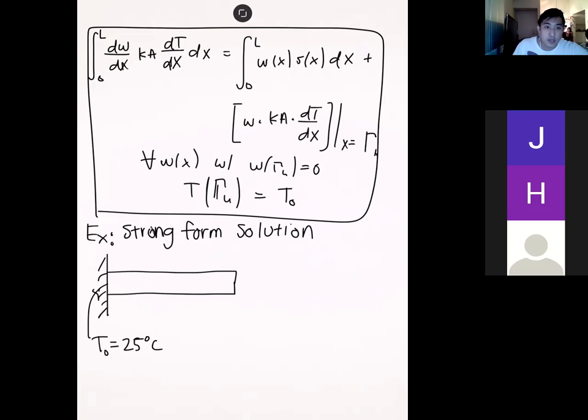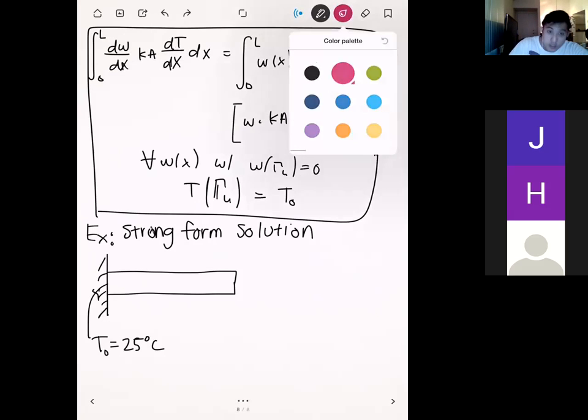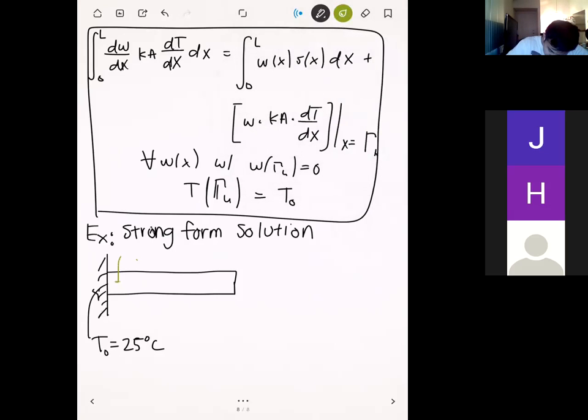We have a Dirichlet boundary condition on the left-hand side, so we can say that the temperature there is going to be equal to 25 degrees C. In this case, we're going to have a heating given by this function: x squared over 5.